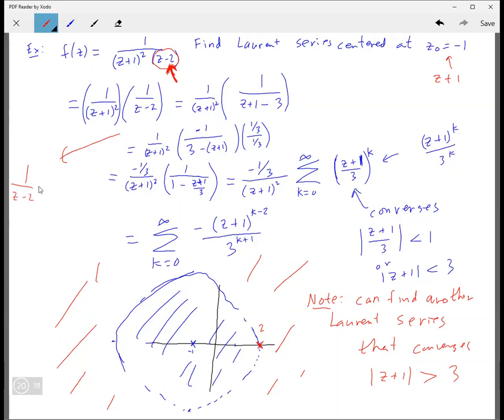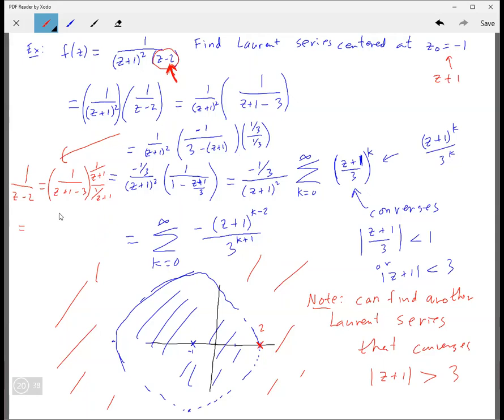Okay, so what you would do is you know that this part is 1 over z plus 1 minus 3, right? So we got it to here. Now, instead of just flipping it this way, what you would do is multiply the numerator and denominator by 1 over z plus 1.